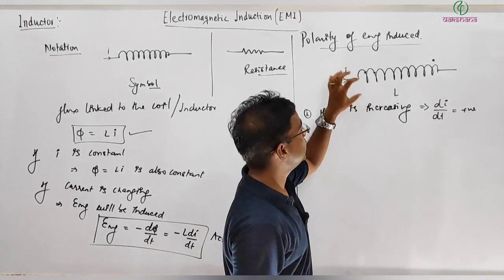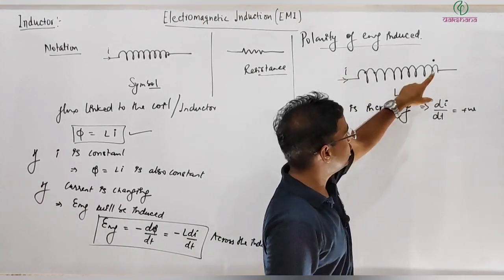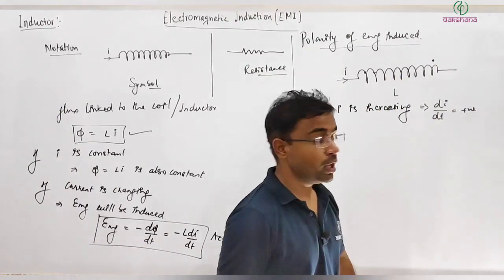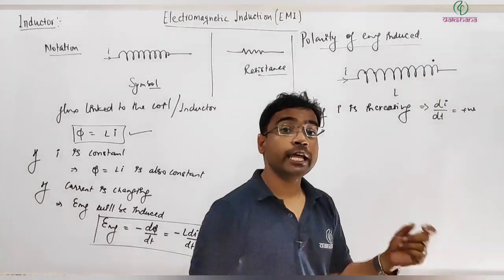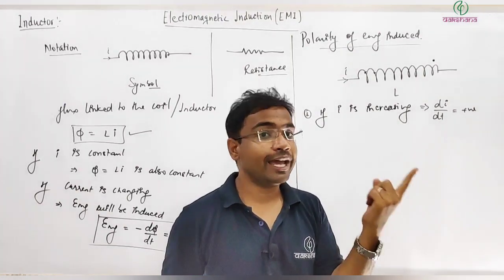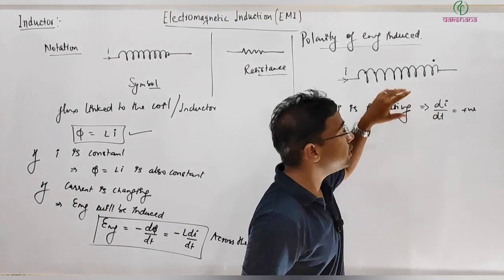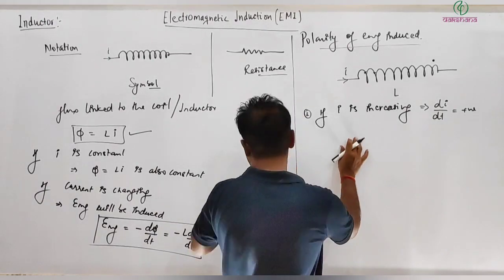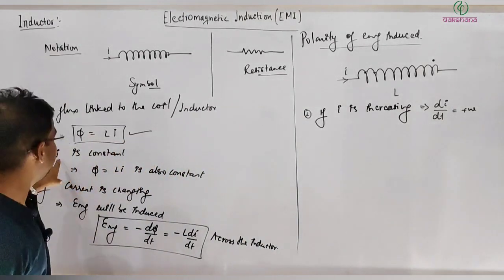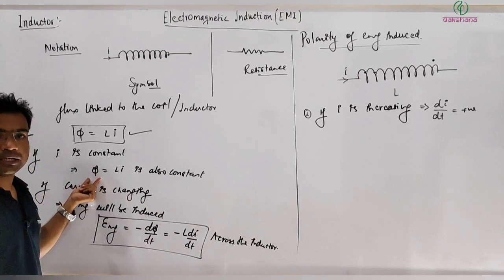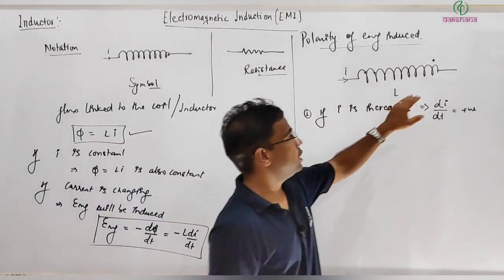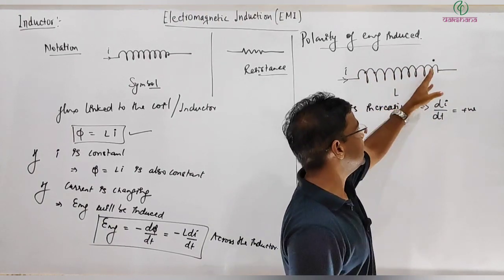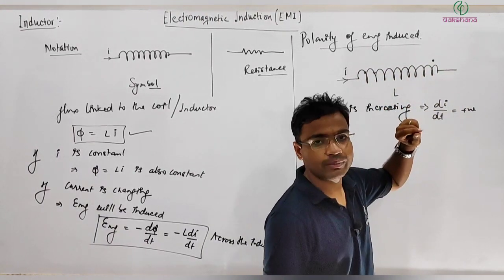So when constant current is there, north pole is here, and there will be a magnetic field through this coil. Now if I is changing, then that flux, the coil wants to keep it constant. This flux can have north pole on this side or on the other side, so I am assuming north pole is this side conventionally.